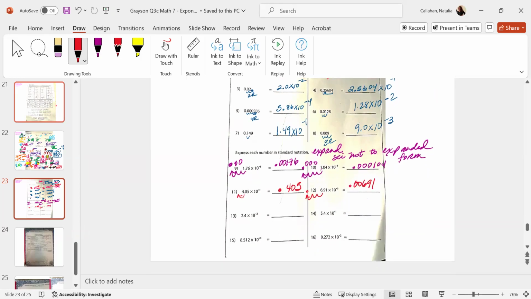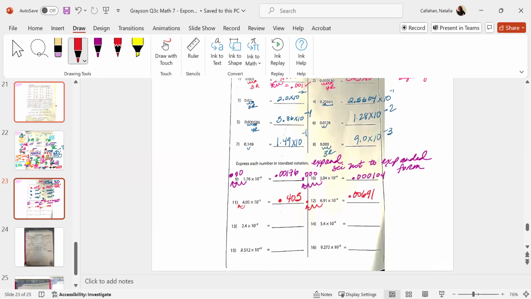0.00691, right? Explain what you did for number 13 and 14. So it's 10 to the power of negative 2, so you move the decimal 2 times to the left for number 13. And for 14, it's 10 to the power of negative 1, so you move the decimal 1 time to the left.